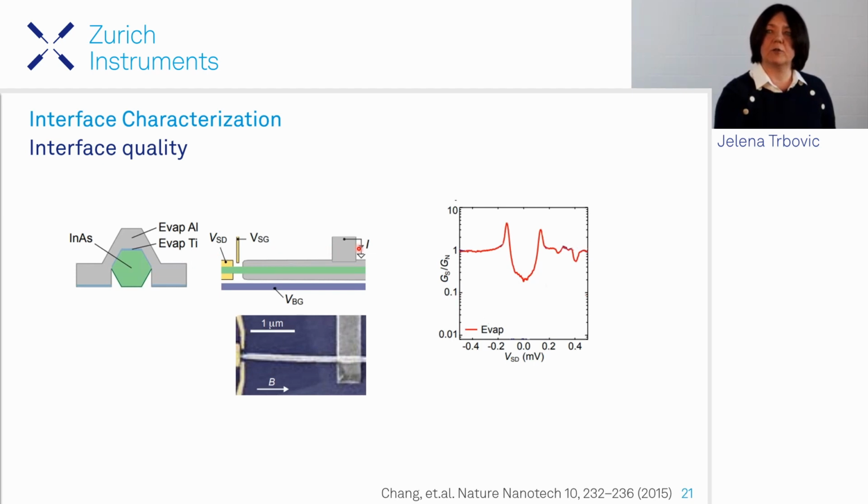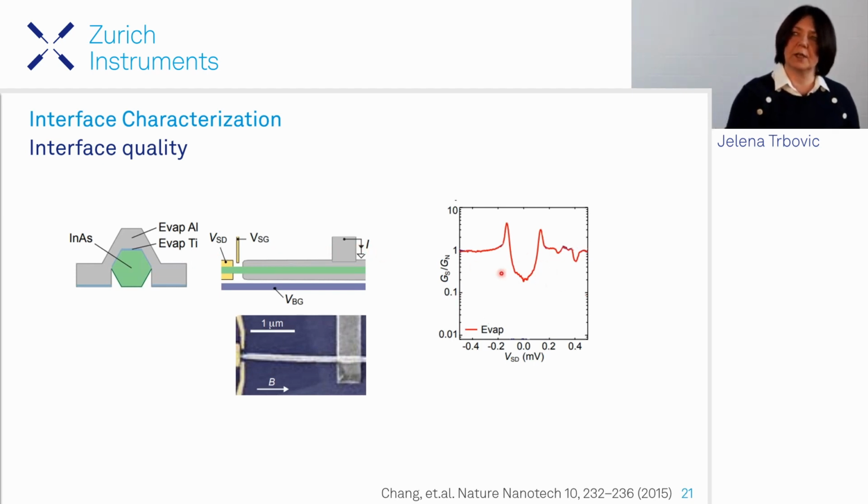You can see the device over here, and the curve that's been measured looks something like this. And you see how this subgap region is lifted up. And in fact, this is a very soft gap due to the interface properties.